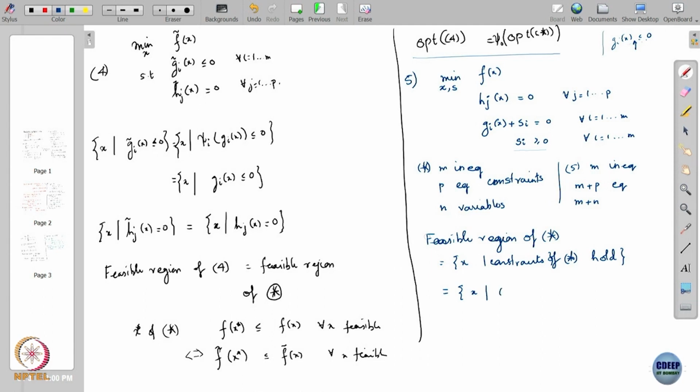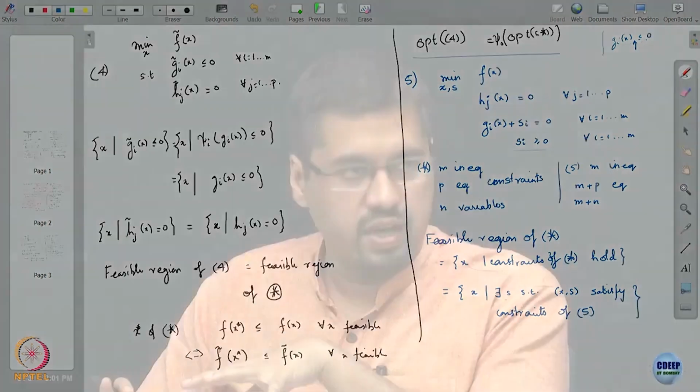You look at the x such that, together with s, okay, so what I have written here is, look at the set of x's for which you can find some s, such that x and s together satisfy the constraints of phi.